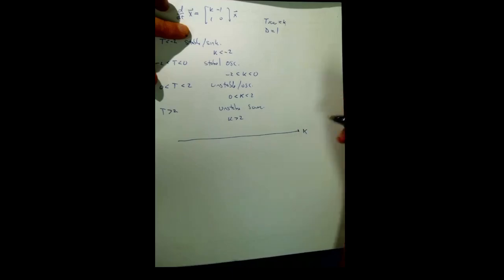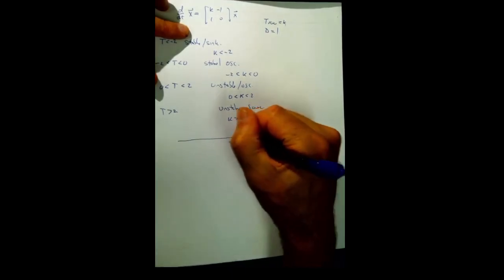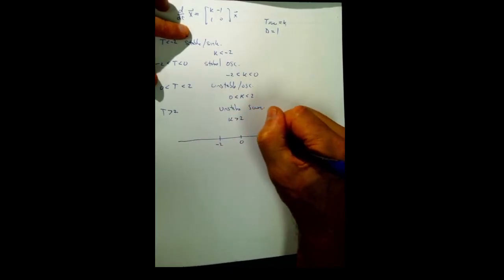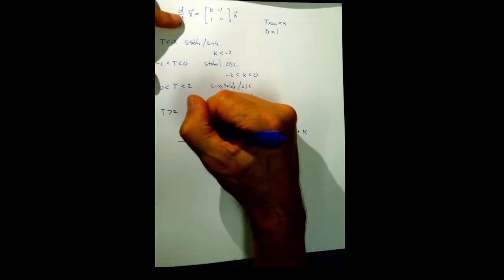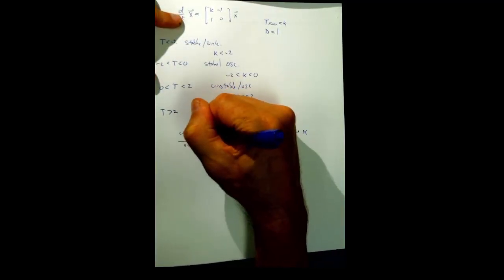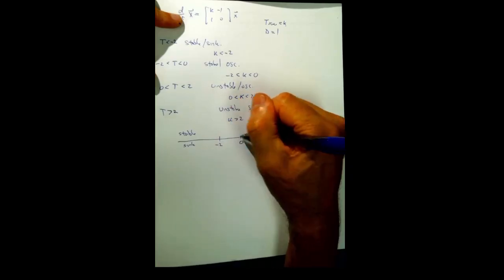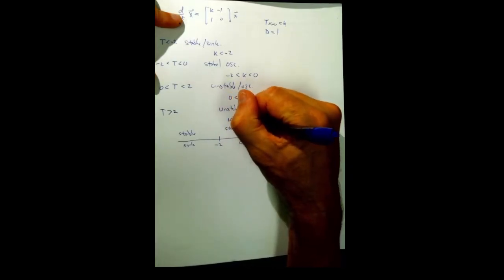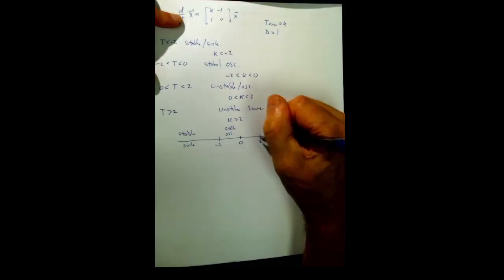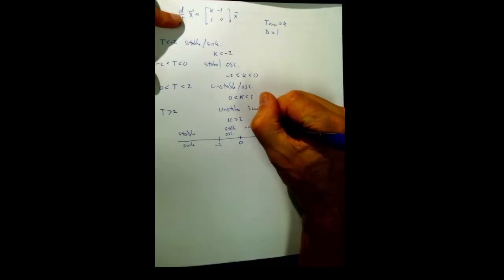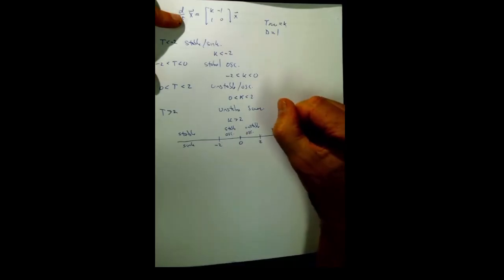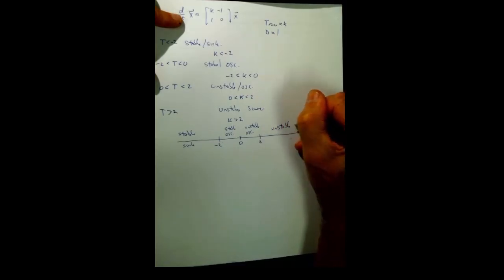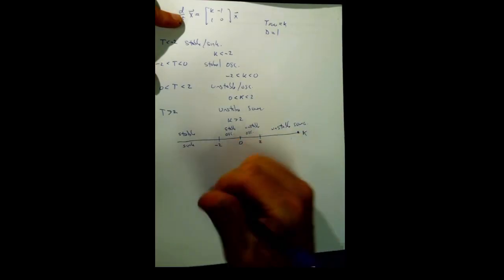So in terms of what happens for k, if t is less than minus 2, I get a stable sink. If I'm between minus 2 and 0, I get stable oscillations. If I'm between 0 and 2, I have unstable oscillations. And if I'm bigger than 2, it's an unstable source.